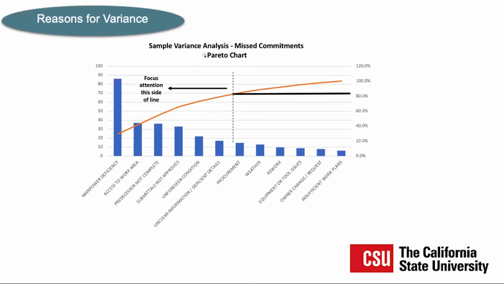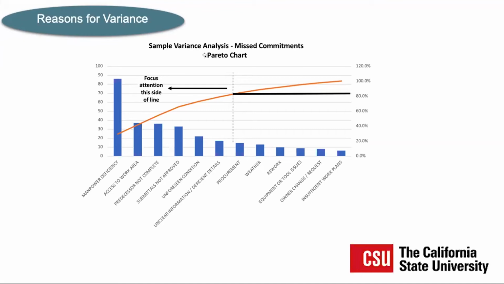Okay, and then the other piece of the fifth part of the Last Planner System is how do we learn from this? We talked about tracking your percent plan complete so you can look at the reliability and predictability of the plan. But by tracking the reasons for your missed commitments, you get to a point where you can really look at which areas are causing problems for us in meeting those commitments.